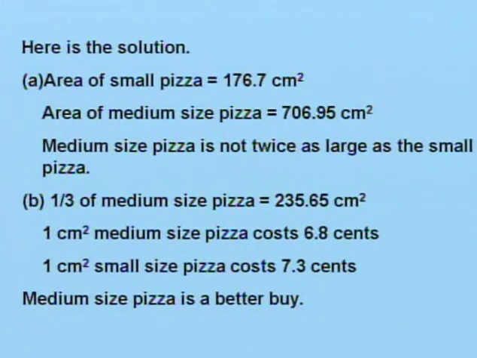So if you're buying, we'll conclude that the medium-sized pizza is a better buy because it is selling at 6.8 cents compared with the small size one selling at 7.3 cents.